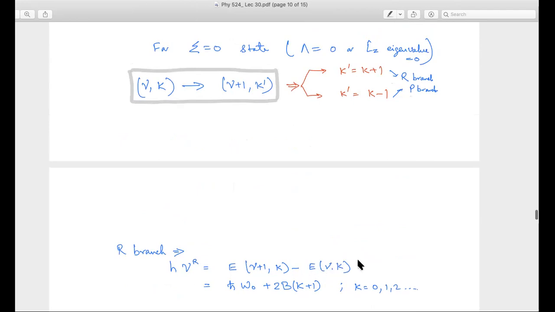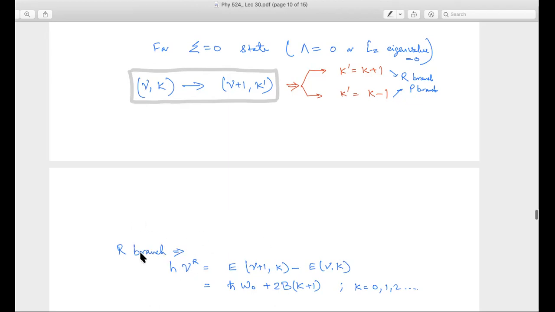Okay. Now nu K and K energies are sort of coupled. So I get h bar omega naught times nu plus 1 plus half minus nu plus half, basically. So if I subtract, I get this first term h bar omega naught, and then the rotational energies, if I take a difference, I already showed that I get this kind of a term 2B times K plus 1, where K runs from 0, 1, 2, 3, and so on.